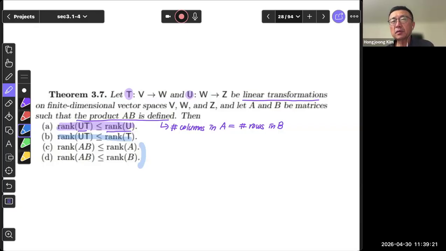The composite of mappings corresponds to some layers in artificial intelligence. If you consider some models in deep learning, if you introduce more layers, that does not increase the dimension of the original information.